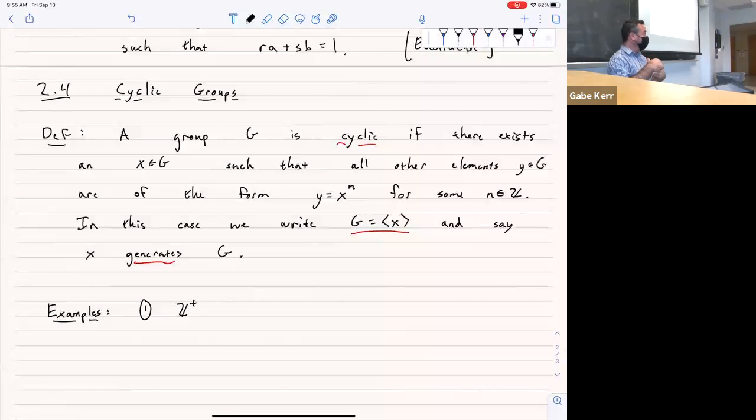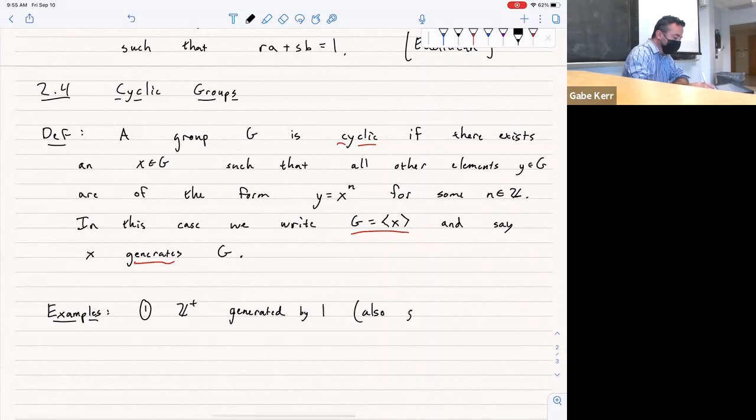And again, remember, I'm allowed to take negatives or inverses, so -1, and so on. And I'm allowed to take 0, so 0 times 1. So here we get Z generated by 1. But also, we could have taken the generator -1.